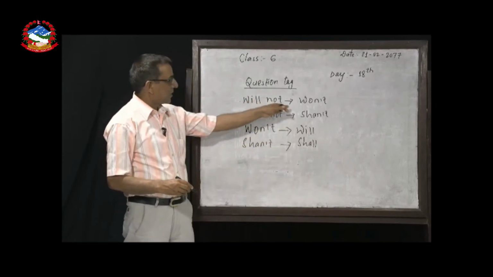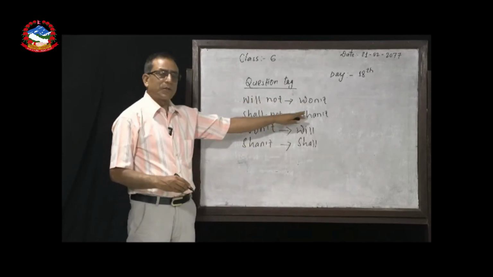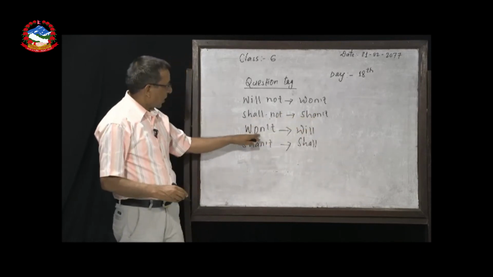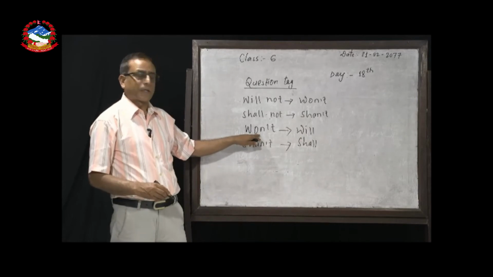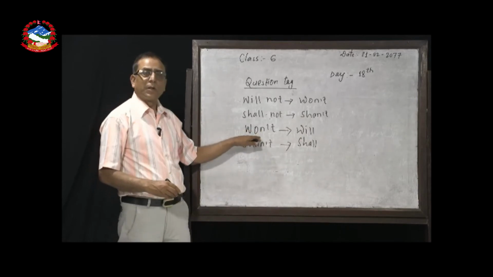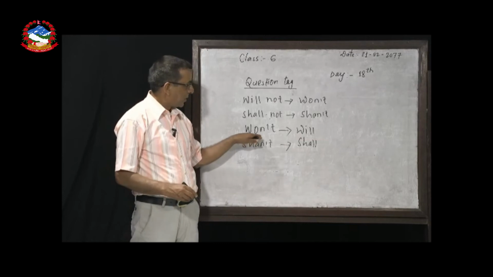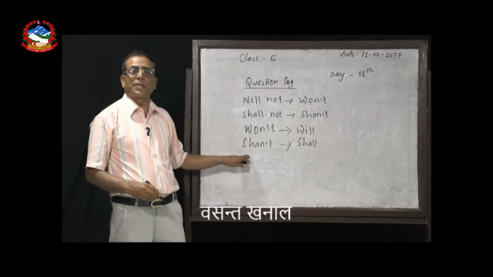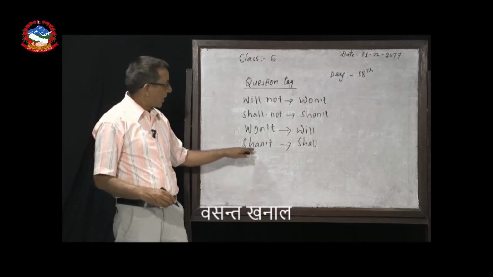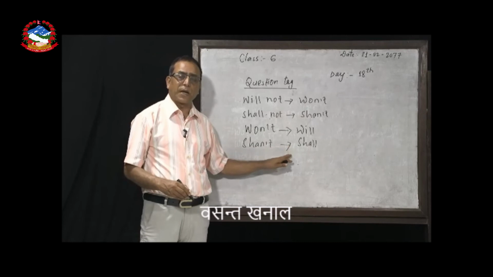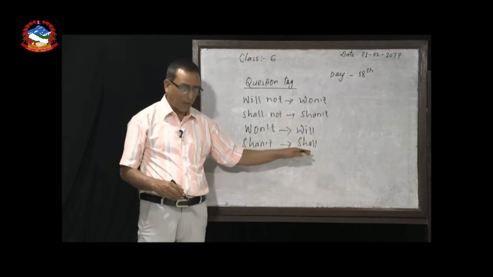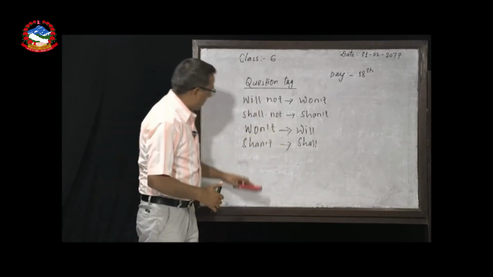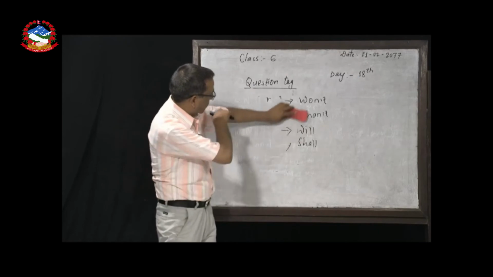It means will not changes into won't, shall not changes into shan't for the tags. If the statement is given using "won't," the tag changes into positive "will," and if the statement is given using "shan't," the tag will change to positive "shall." I think you all are clear. Next one.